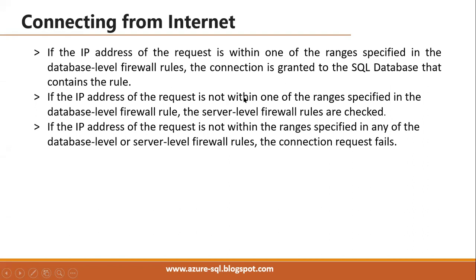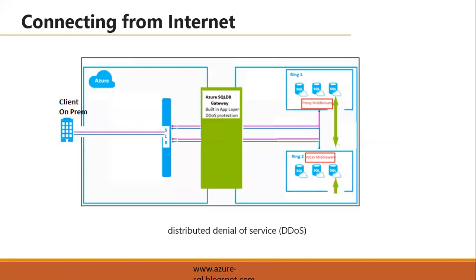If the IP is in either the DB level or server level firewall rules, the connection succeeds. Then it will verify the credentials, so that is authentication. The next step is authorization, meaning it will verify permissions.